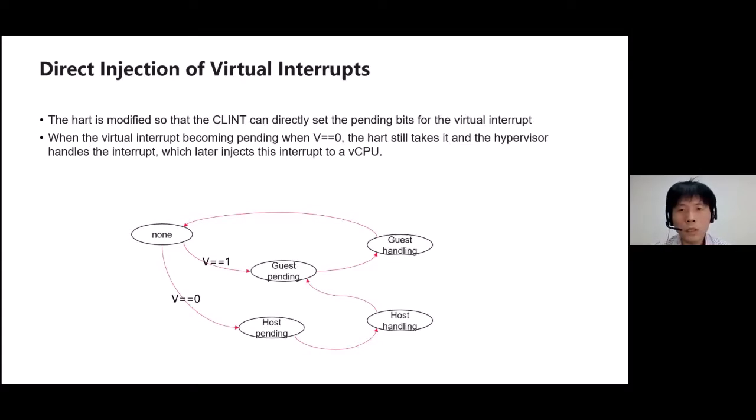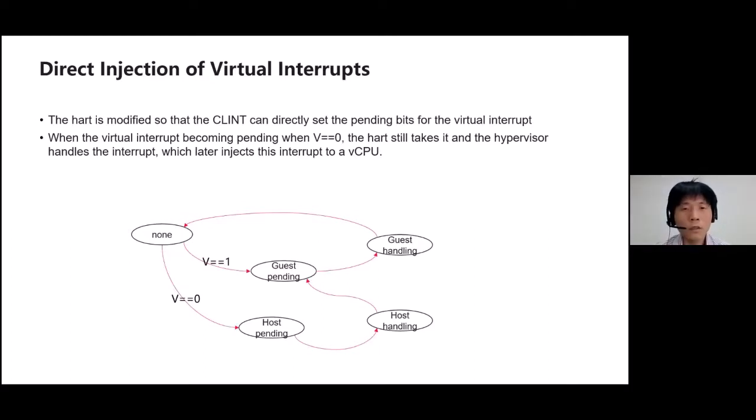To minimize the possible delay, we also consider delivering the interrupts when V equals 0. When a virtual interrupt arrives on a certain heart when V equals 0, the host still handles it. In this case, the virtual interrupt goes along the same handling path as the existing approach. So our design is as good as the existing approach in the slow path.